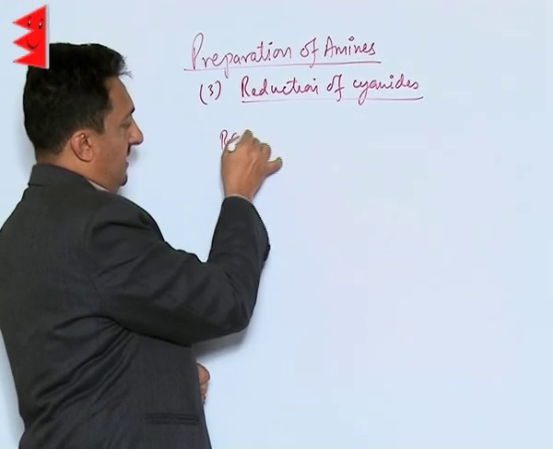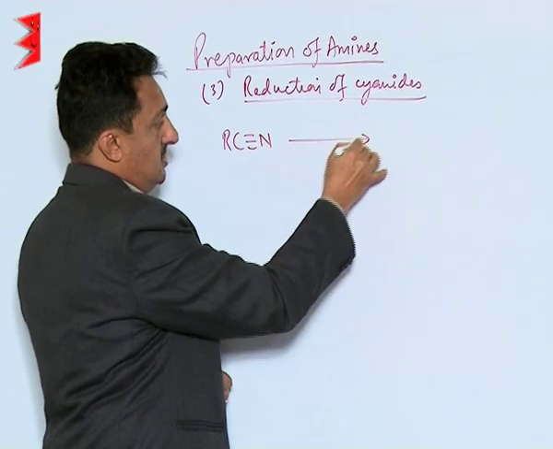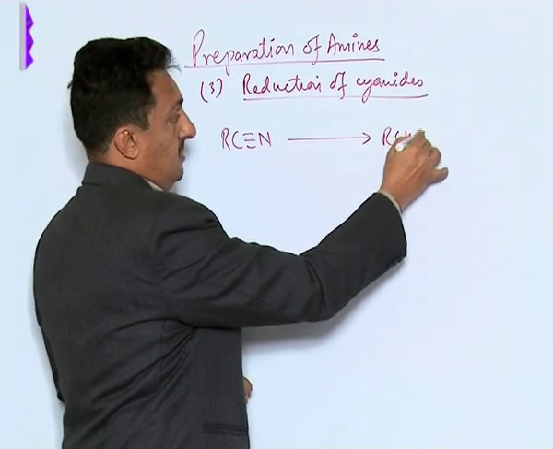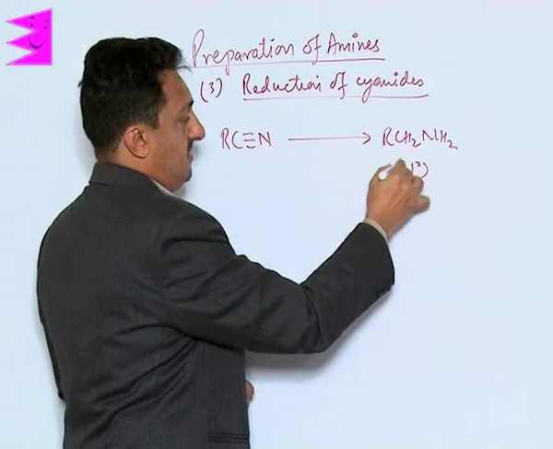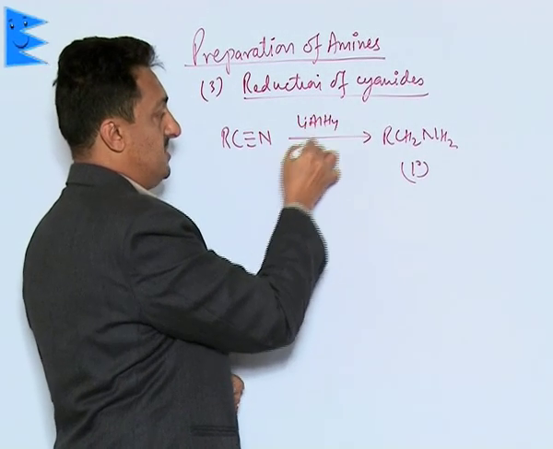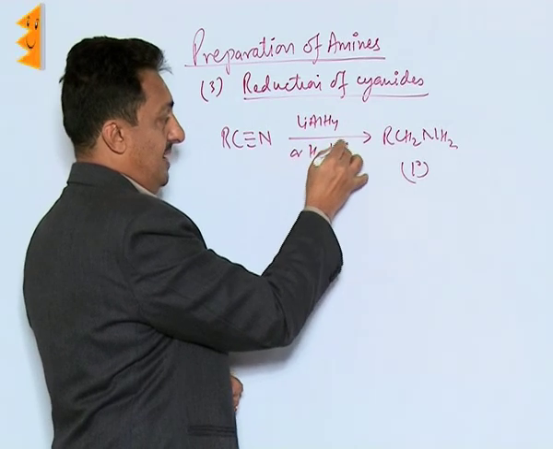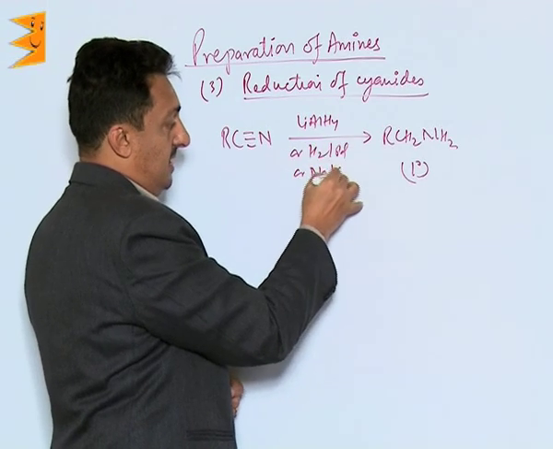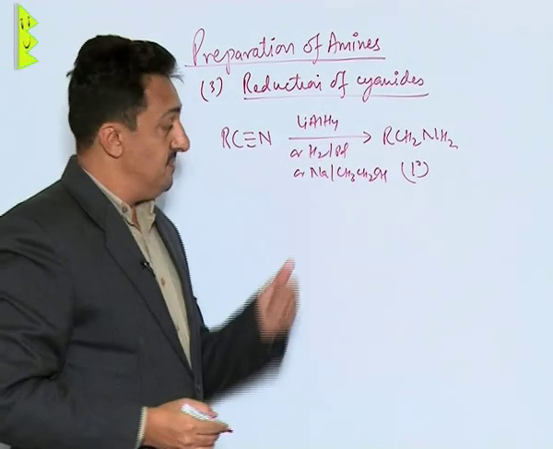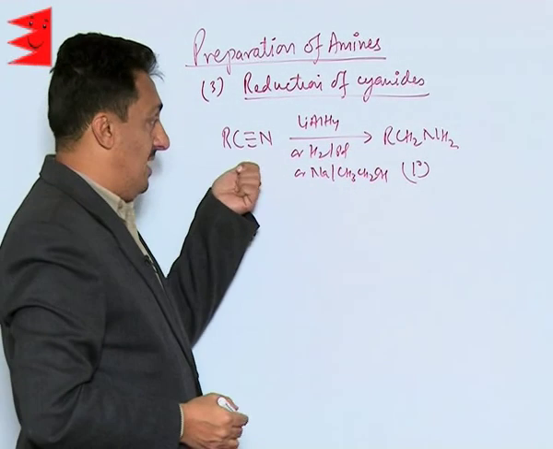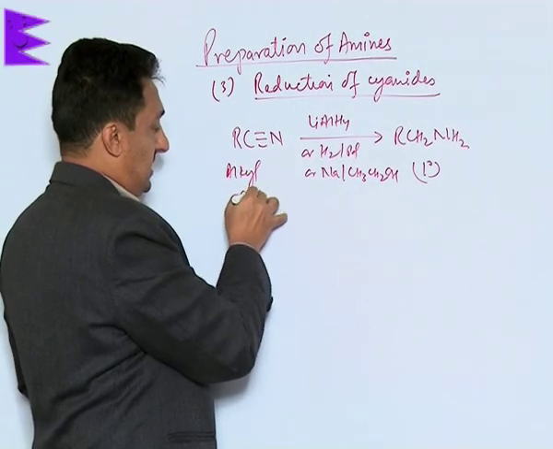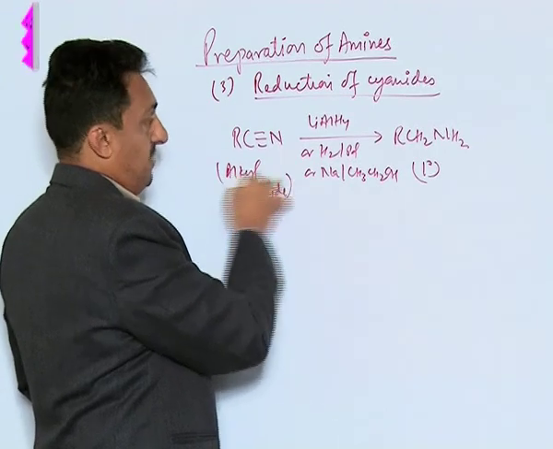Now the cyanides can be reduced to the corresponding primary amines by taking either lithium aluminium hydride or hydrogen palladium, or by taking sodium alcohol. By any of these reducing agents, yes, we can reduce cyanides. This is your alkyl cyanide to the primary amine.